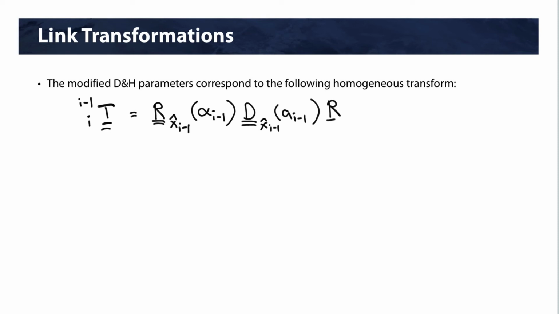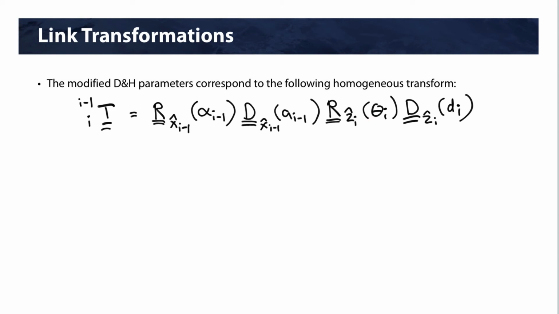We then have a rotation about the Zi axis by theta i, and lastly a translation along the Zi axis by di. Alpha, a, theta, and d are our 4 D&H parameters.